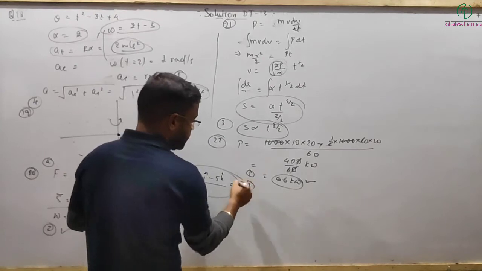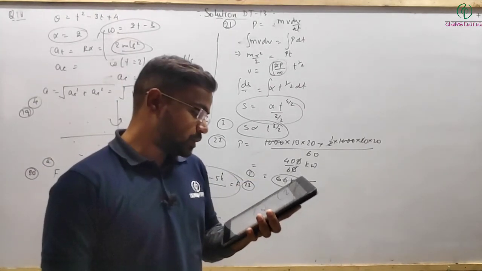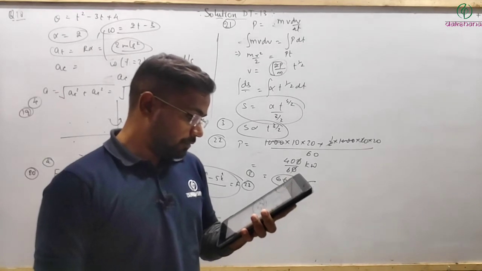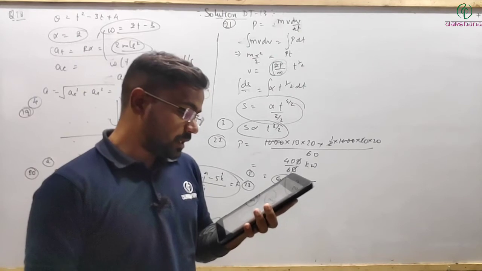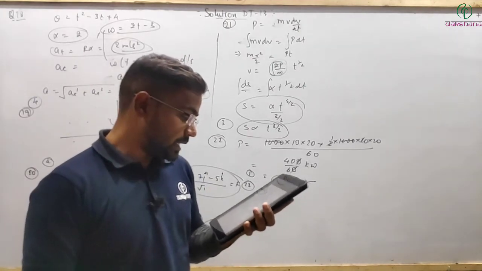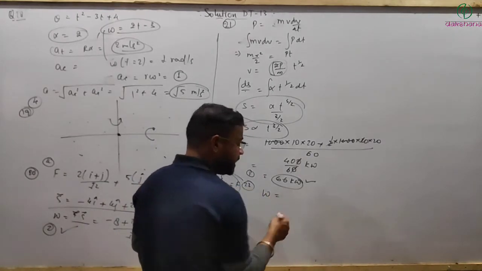Next, question number 23. A particle of mass 0.1 kg is subjected to a force F which varies with distance as shown in the figure. If it starts its journey from rest, meaning initial velocity 0, then find its speed at 12 meter. For speed, we first find the work done. Work done will be the area under this graph.